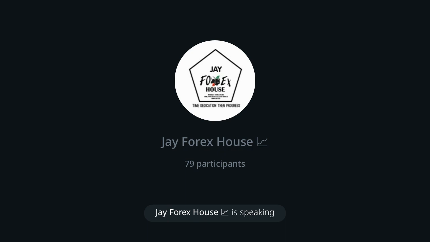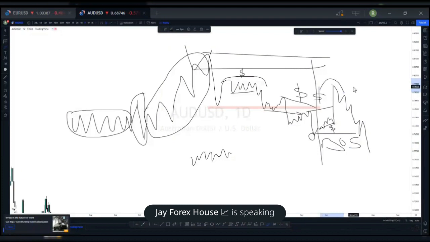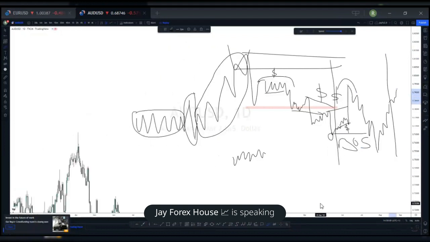Here, you still have the Asian high above this. And what did I say? London builds liquidity for New York. So price starts to return into this, and New York opens from this. I won't trust this high to hold, because New York opening is also going to be manipulated, as that would be a stop hunt. That's why sometimes you see traders marking London opening or New York opening as liquidity.